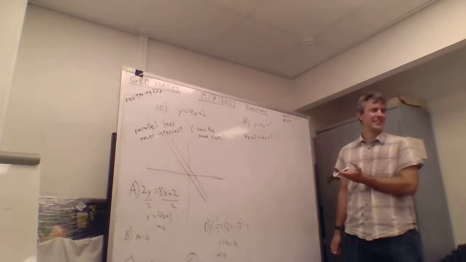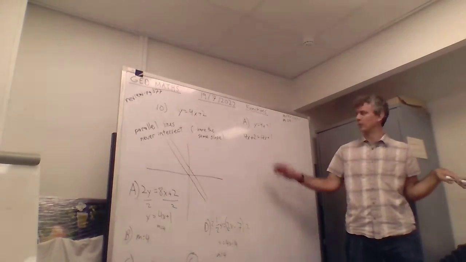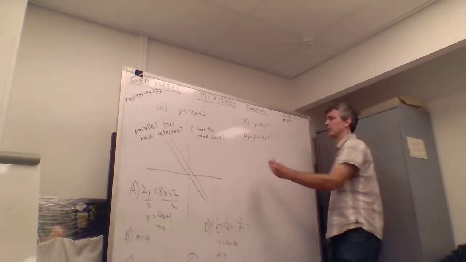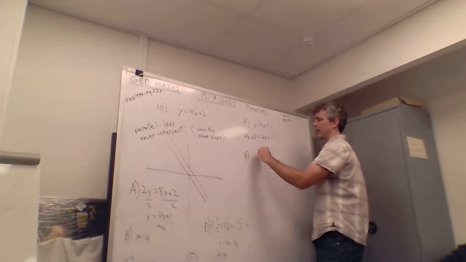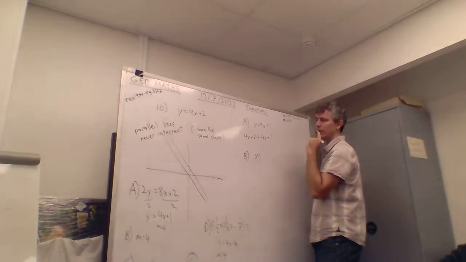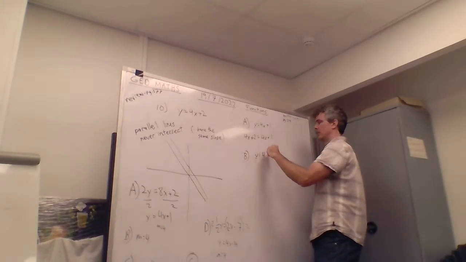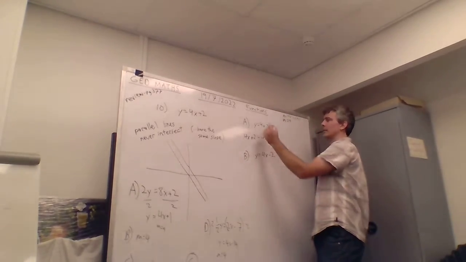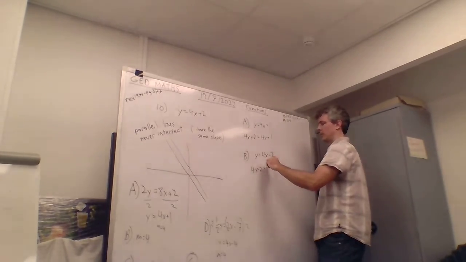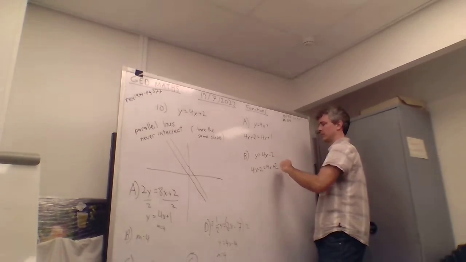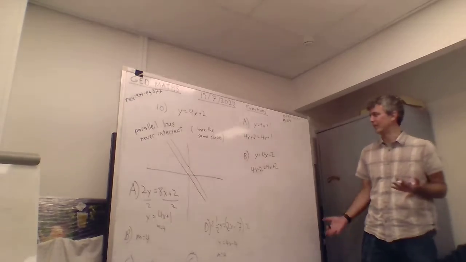We're going to end up with 2 equals 1. So there's no point of intersection. We do the same for B. B was y equals 4x minus 2. So again, we have 4x minus 2 equals 4x plus 2. Again, it doesn't work. Minus 2 plus 2 is nonsense.